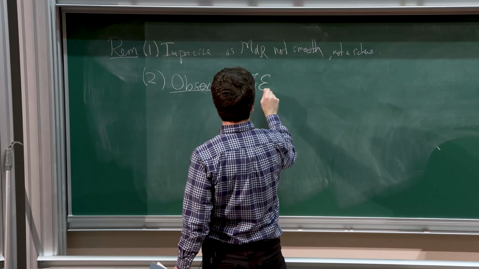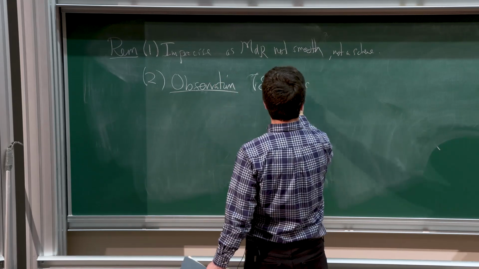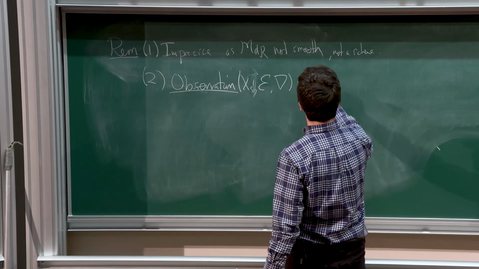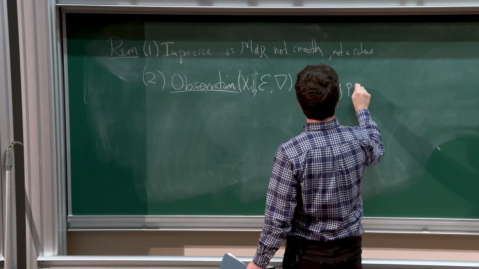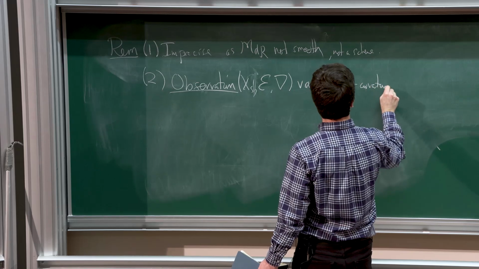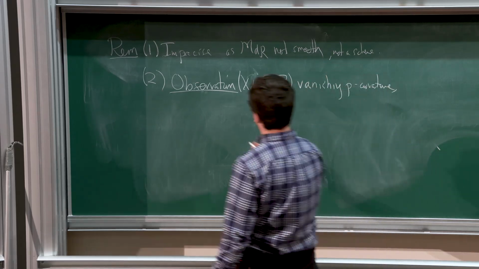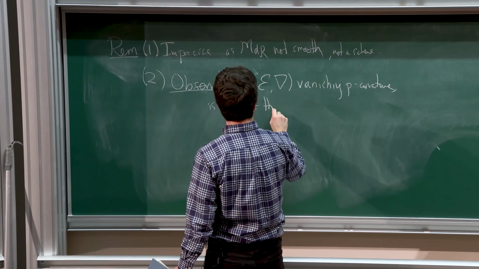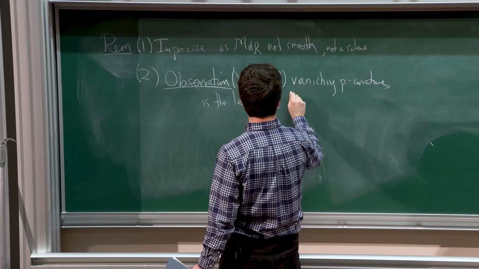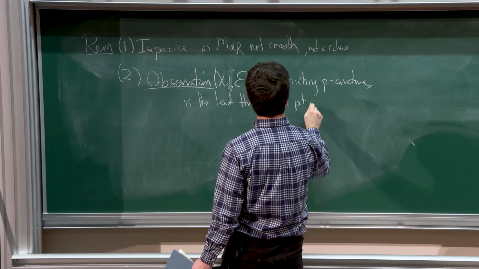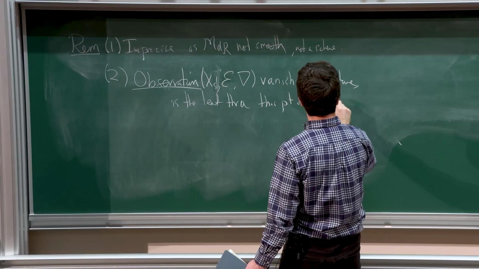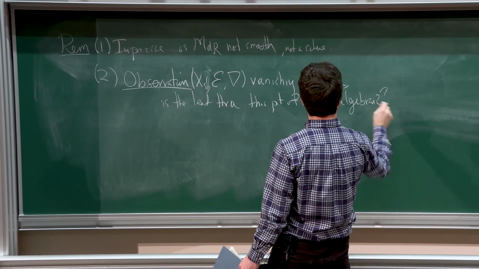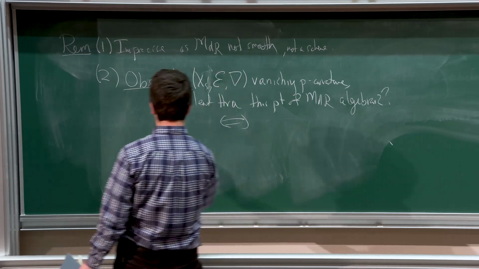If you start with a point x to s and E nabla with vanishing p-curvature, you can ask: is the leaf through this point of M de Rham algebraic?